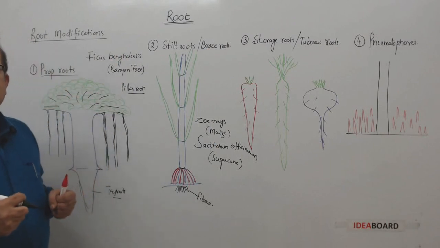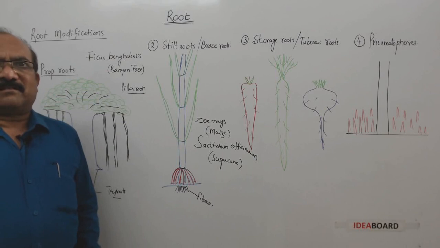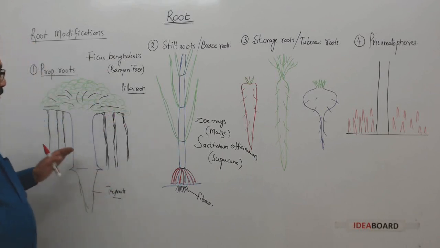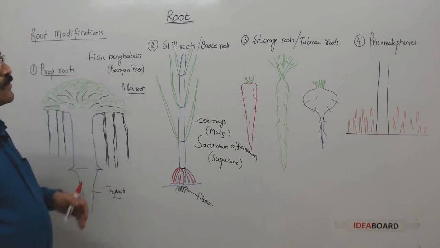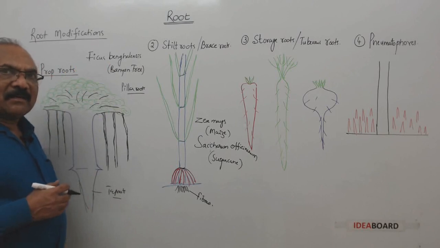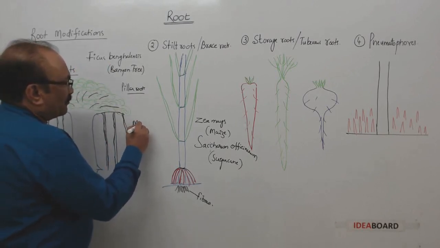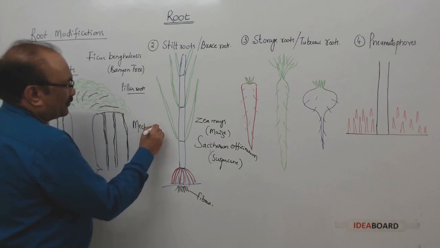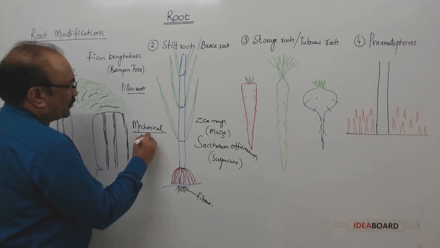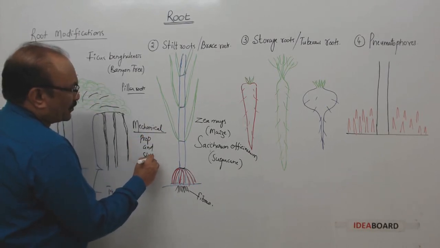They pull the stem from all directions and keep it straight. That is what stilt roots are. So prop roots and stilt roots both provide mechanical strength to these plants, which is why they are mechanical roots.